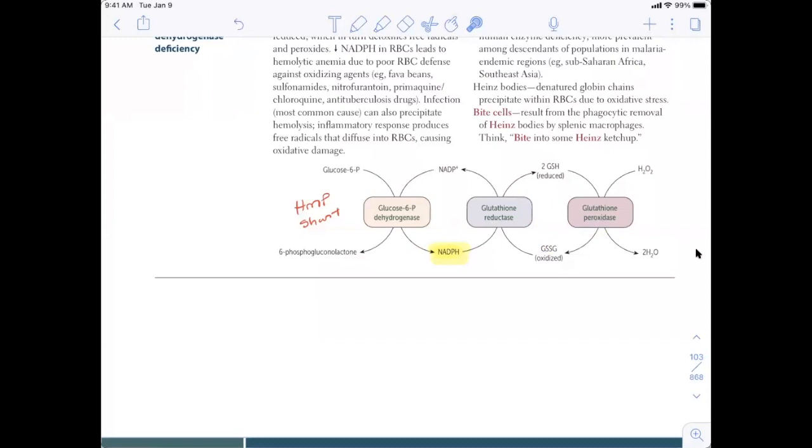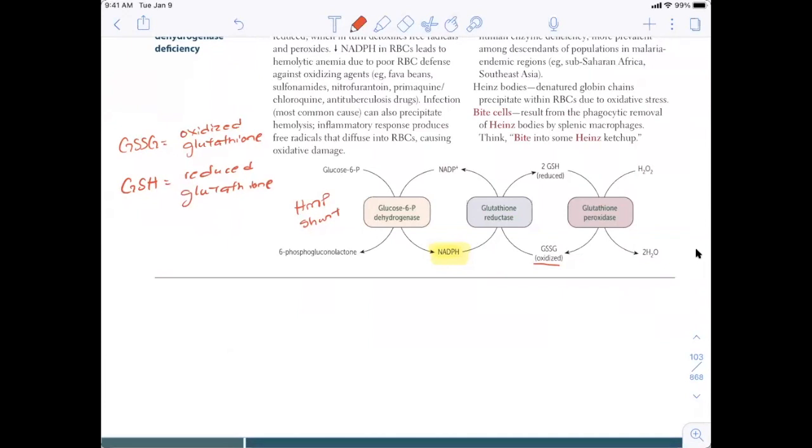The oxidized form of glutathione is called GSSG. Whereas GSH, that's your reduced glutathione.